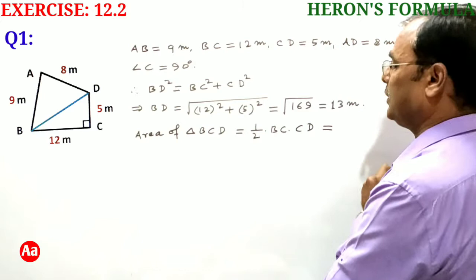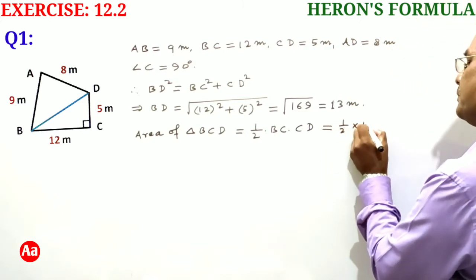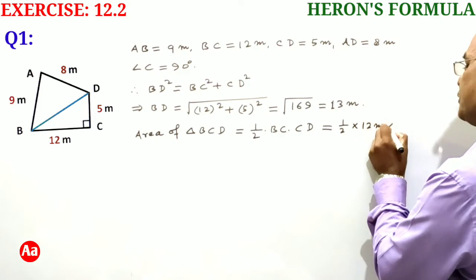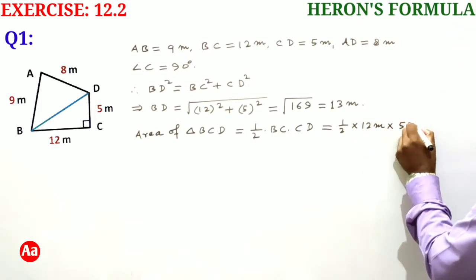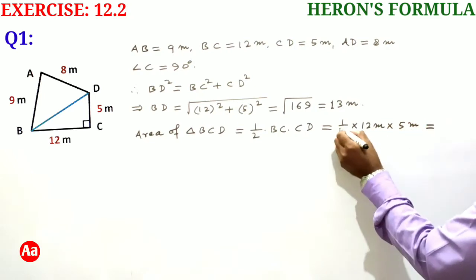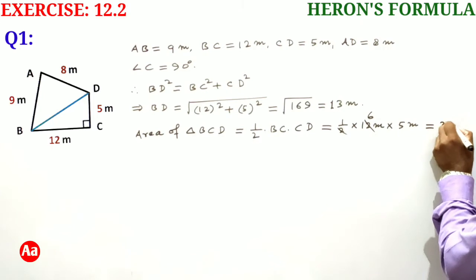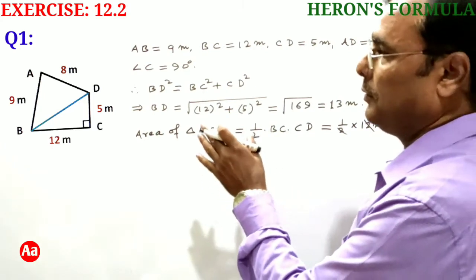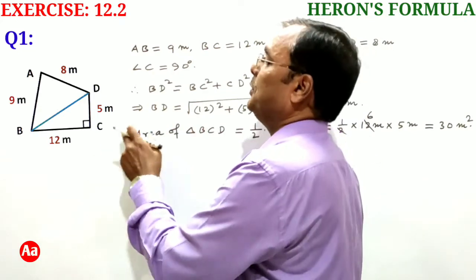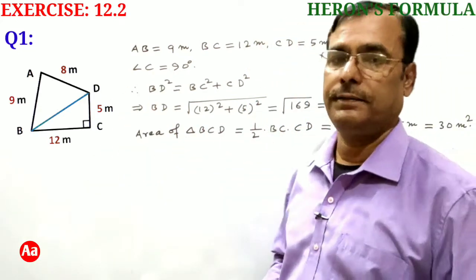This is equal to half into base 12 meter into altitude 5 meter. 2 sixes are 12, 6 fives are 30. So the area of the triangular part of the park BCD is equal to 30 meter square.